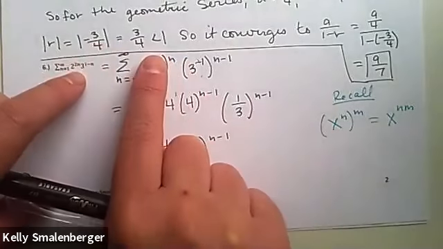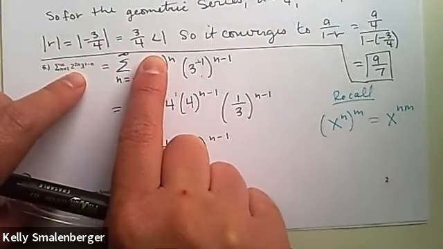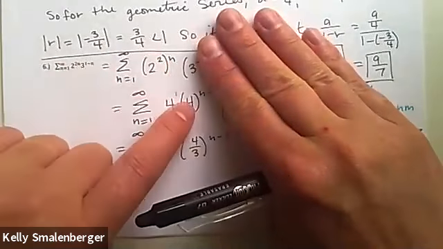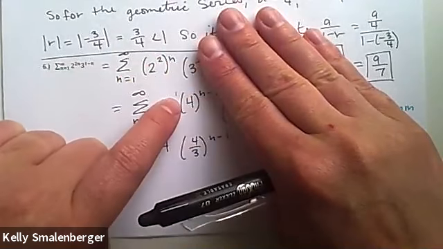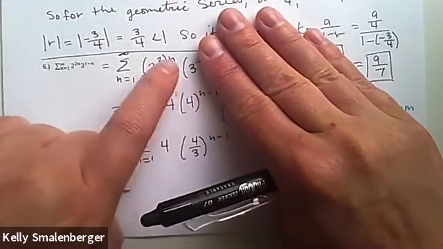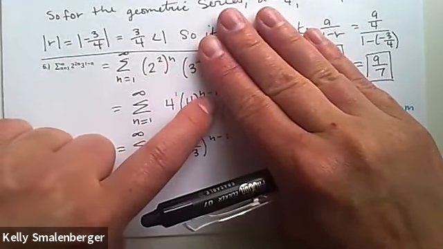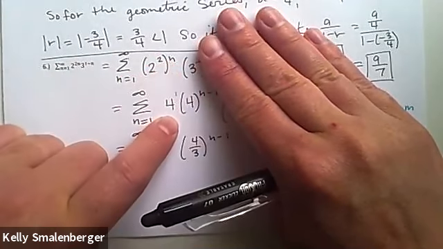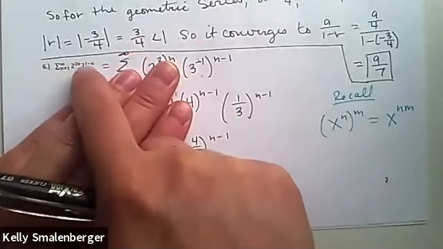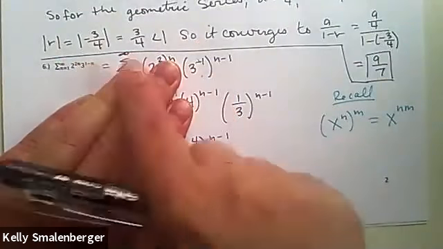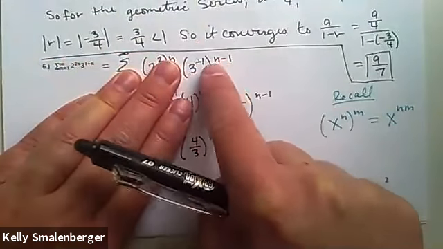So I could have written this as 4 to the n. But I want it as 4 to the n minus 1. So if I rewrite it as 4 to the n minus 1, then what do I need to put here to make this equal, right? Blank plus n minus 1 equals n. Well, this has to be to the 1. And then here, for the 3, I factored out a negative 1, and that made this n minus 1.